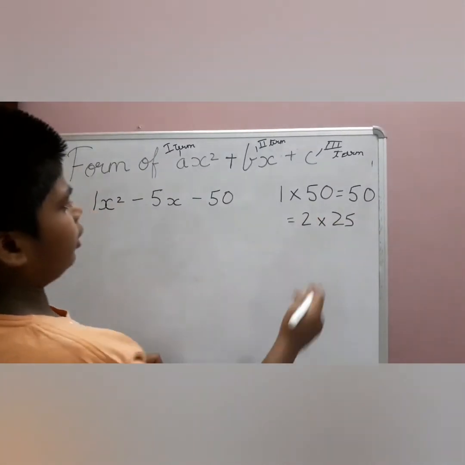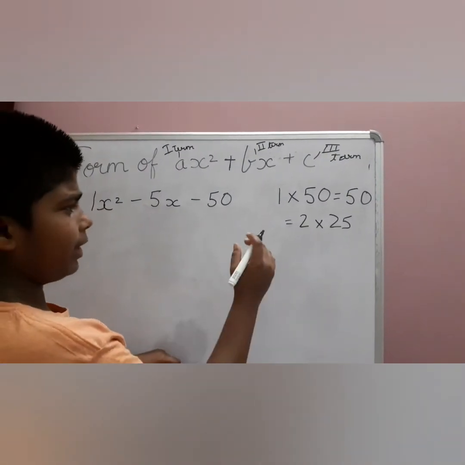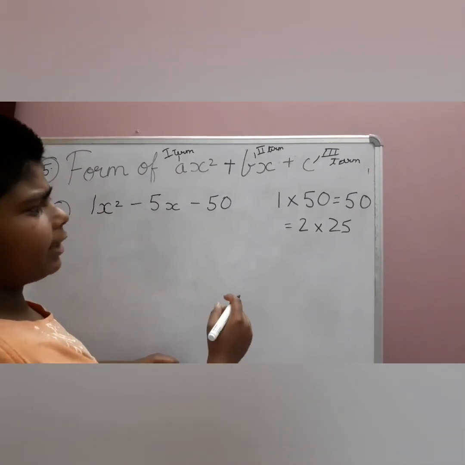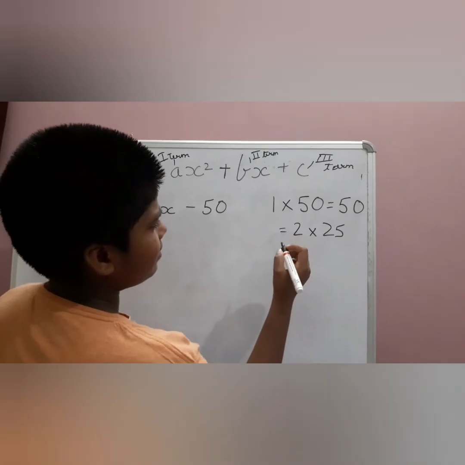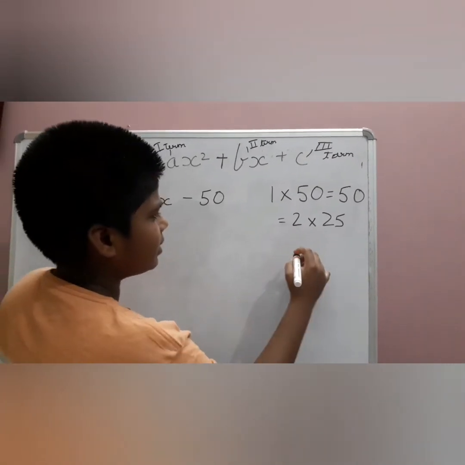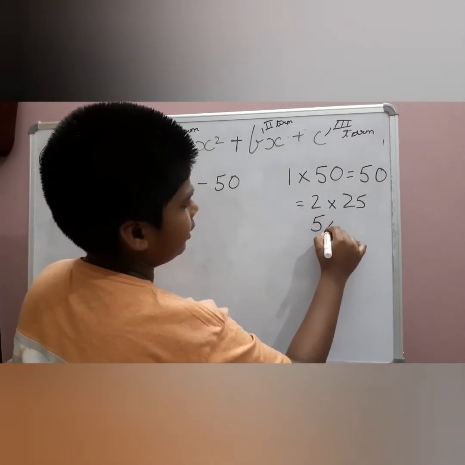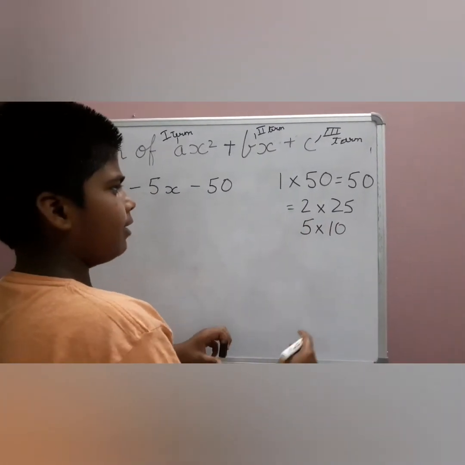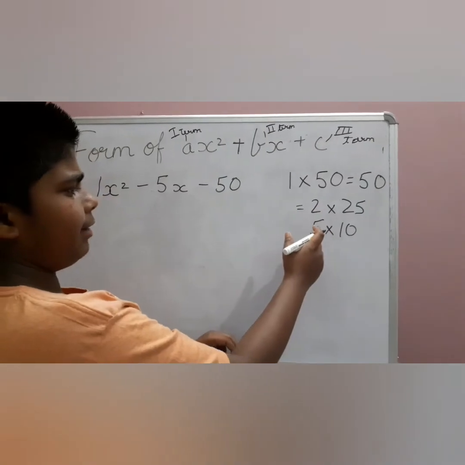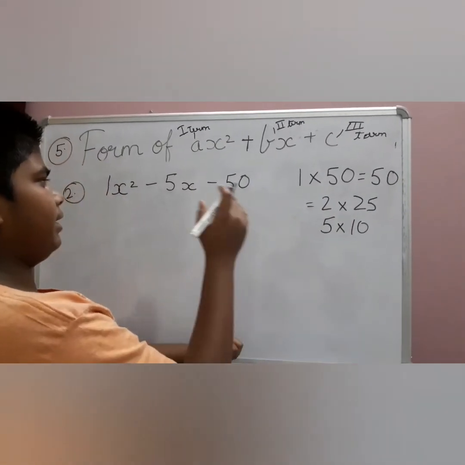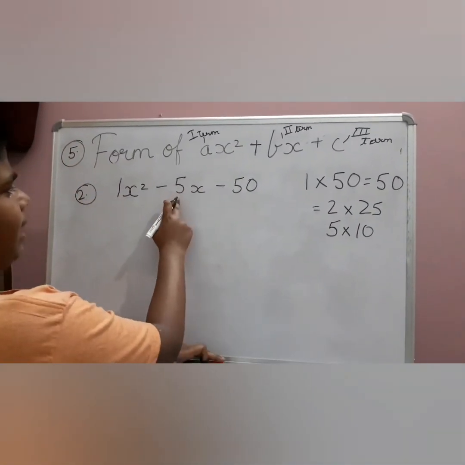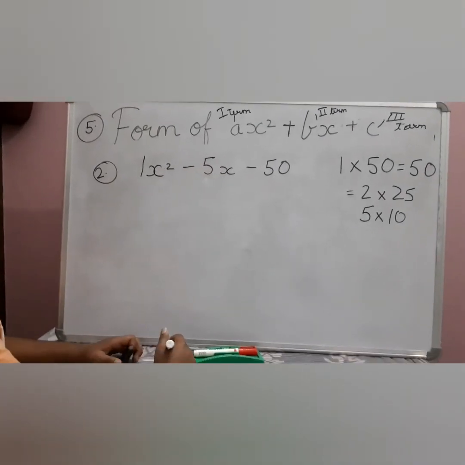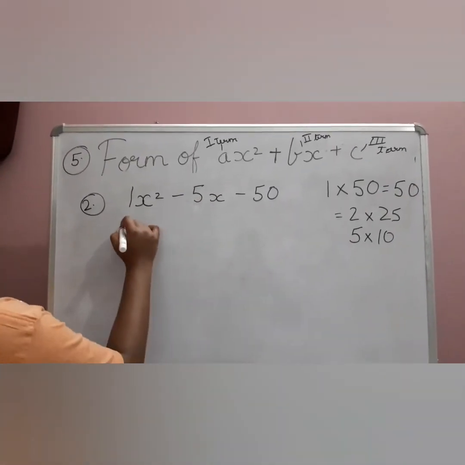If we add both of them, we get 27, and if we subtract, we get 23. Then our next factor is 5 into 10. If we add, we get 15, and if we subtract 5 from 10, we get 5, and 5 is our coefficient. So we can say that these are the factors.